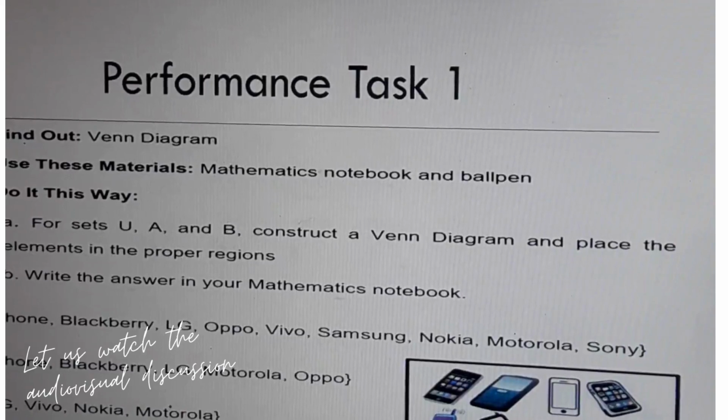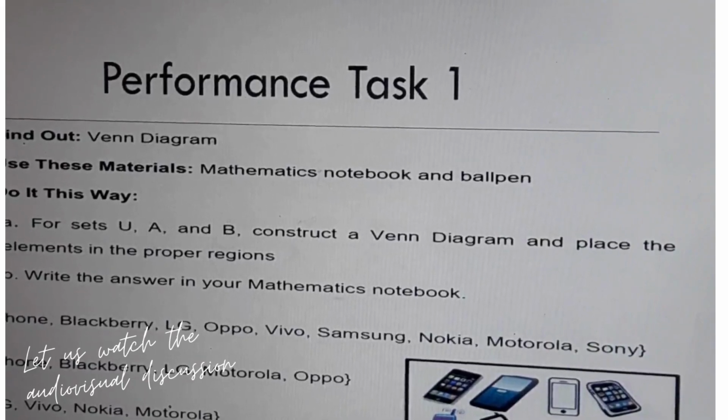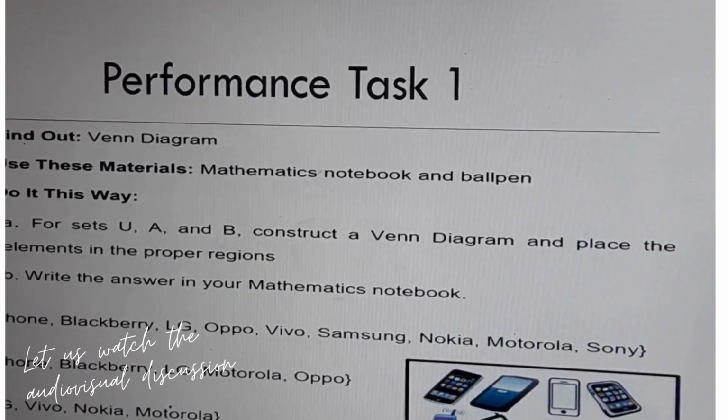In set A, we have iPhone, BlackBerry, LG, Motorola, and Oppo only. In set B, we have LG, Vivo, Nokia, and Motorola. So your task is to make a Venn diagram illustrating the relationship of those elements.